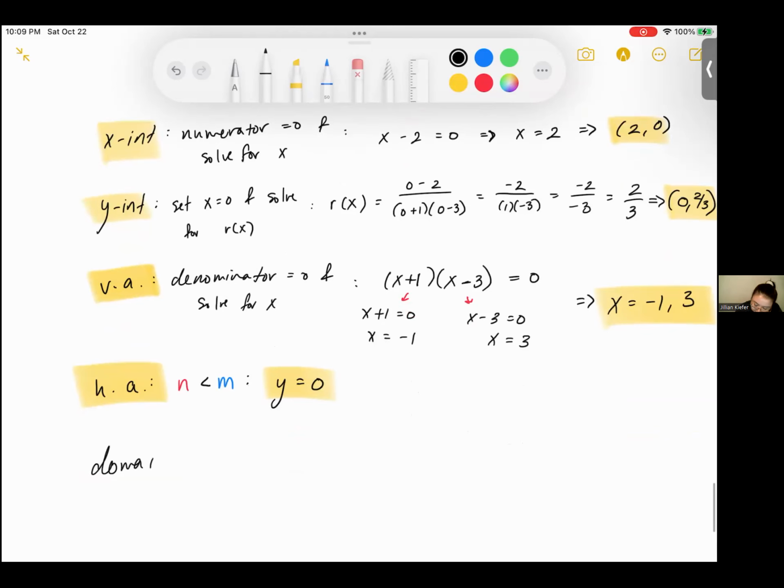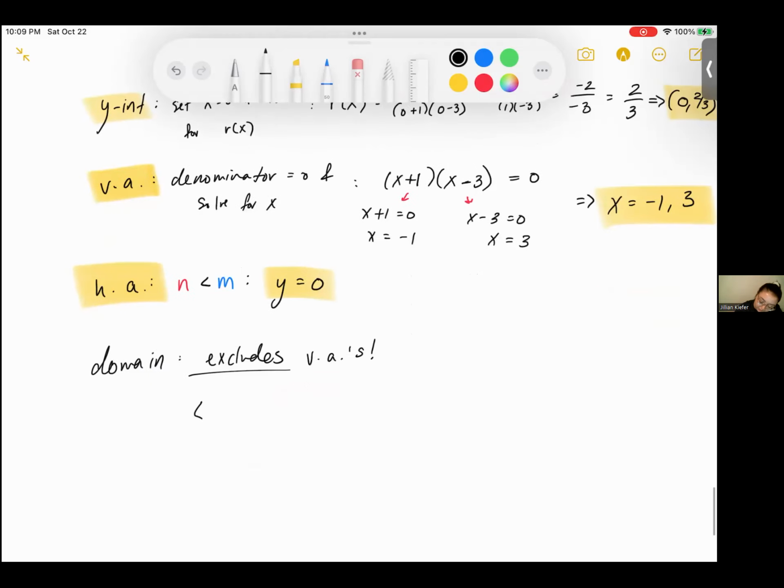Your domain excludes your vertical asymptotes. So we can do what we normally do for domain, which is draw a number line, plot our asymptotes on those number lines, and our function exists everywhere except at the vertical asymptotes.